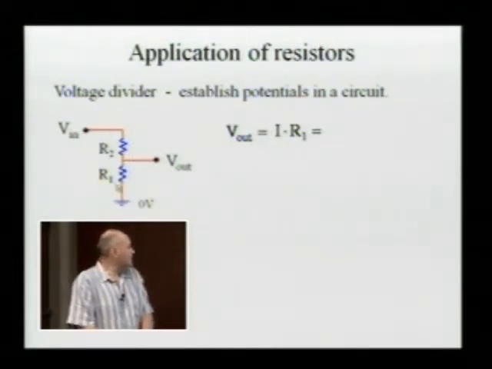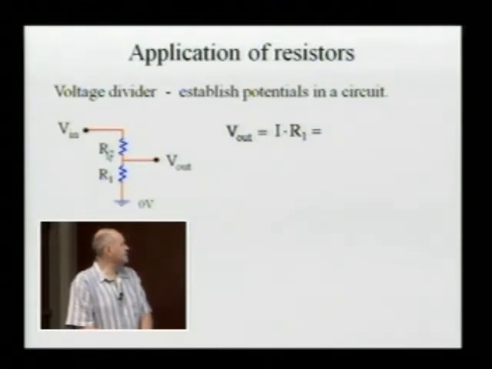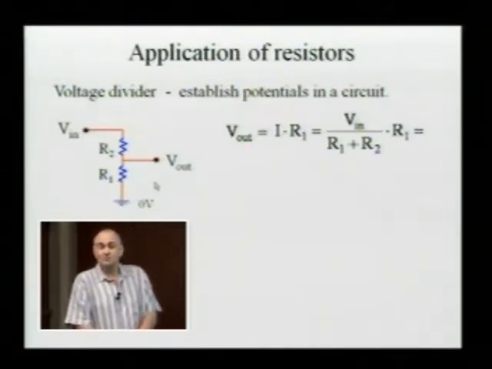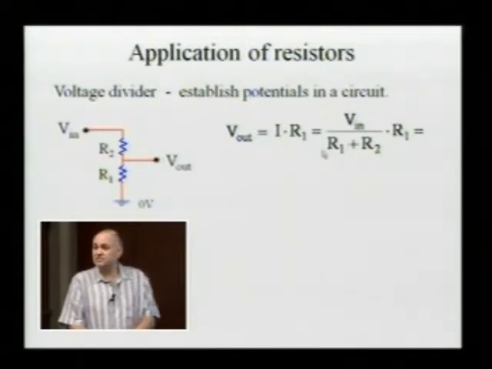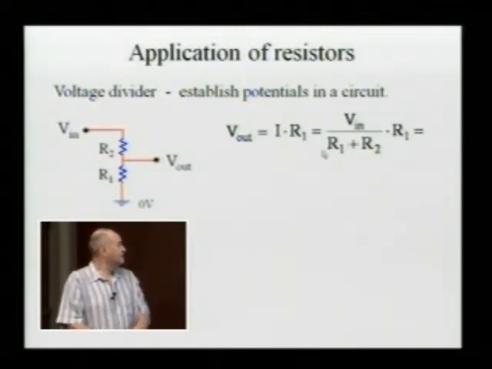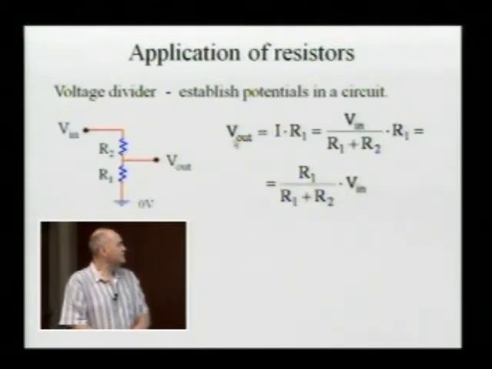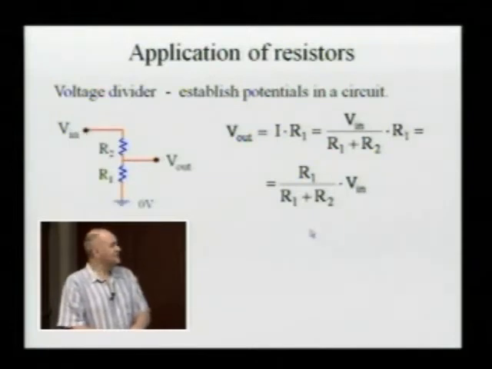So I can find that their equivalent resistance is equal to the sum of the resistances. Now I have 9 volts across the system, so I can find the current flowing through the system and therefore through that resistor. Current is going to be equal to the potential difference across the system divided by the equivalent resistance of the system. And if I rearrange it neatly, I will get that the output potential over here is equal to the potential over there multiplied by this fraction.